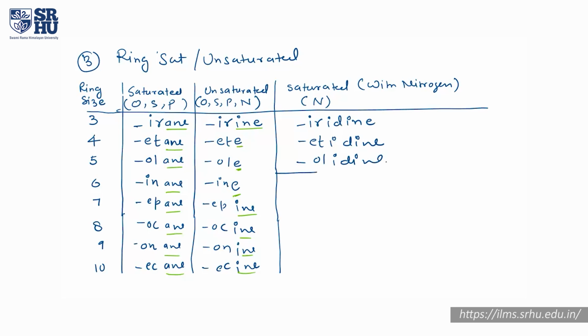So this thing, if it is saturated with nitrogen, applies only for 3, 4, 5 rings. After 5, that is for 6, 7, 8, 9, you can apply the normal rule for nitrogen as well, from 6 members onwards. Okay, so these are the rules that you have to use.